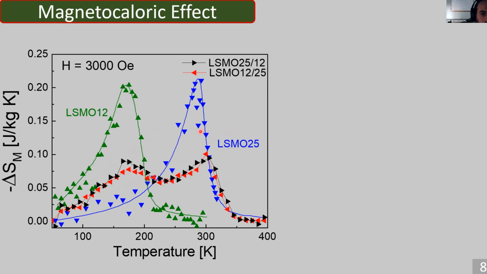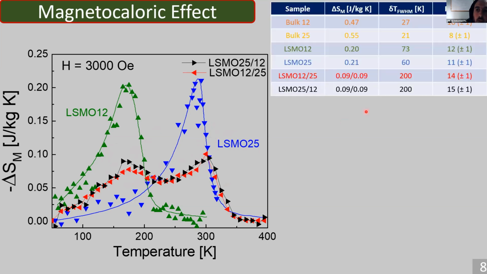And as you can see in this table, you can watch what happens with the temperature range where the magnetocaloric effect is important. For bulk material of this manganite, you have a range of 20 kelvins. When you grow thin films, this temperature range is about 60, 70 kelvins.